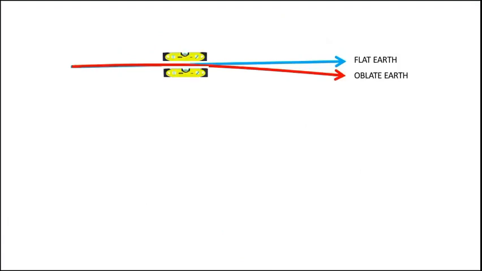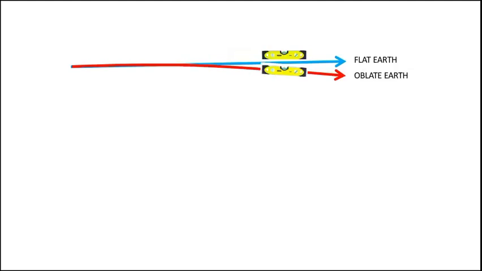And even if you keep moving far enough, oblate Earth will still be very much flat at the local level. And so it's not surprising that what we observe when we run a level across a flat surface is that it reads level. And even when traversing a large distance on Earth, it will still read level.